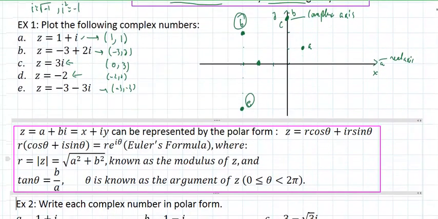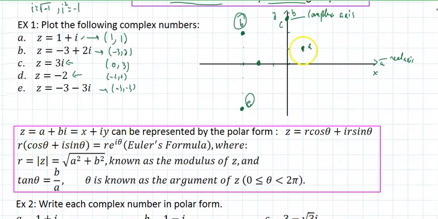And now we're talking about if you have x plus iy, well, think of it this way. There is x, there is y, or a and b. You could find r and you could find theta, except they call r the absolute value of z. Absolute value of z is the square root of a squared plus b squared.